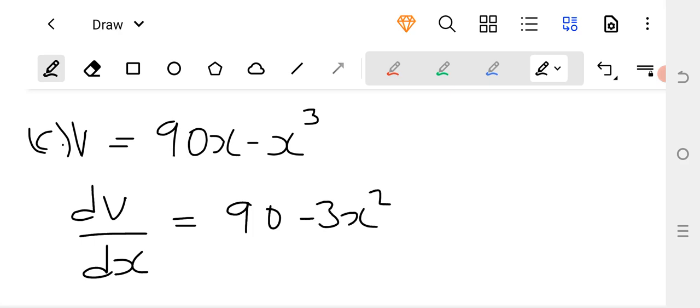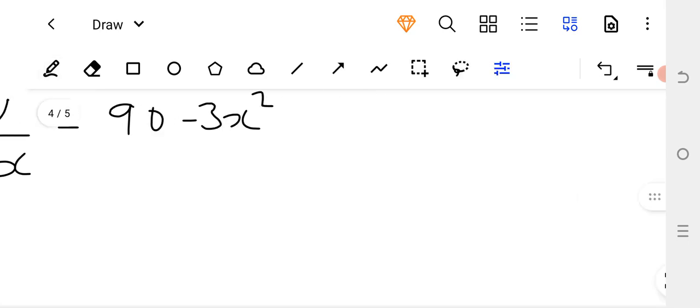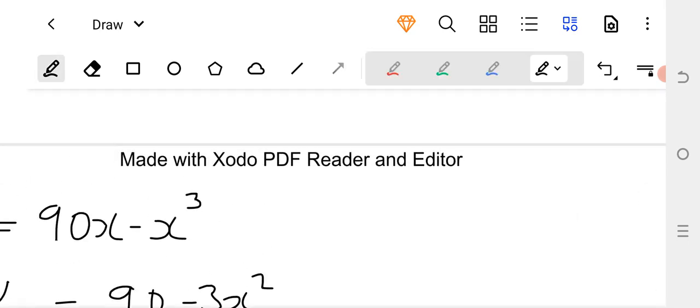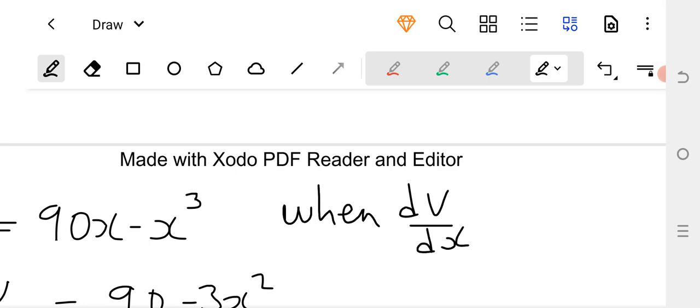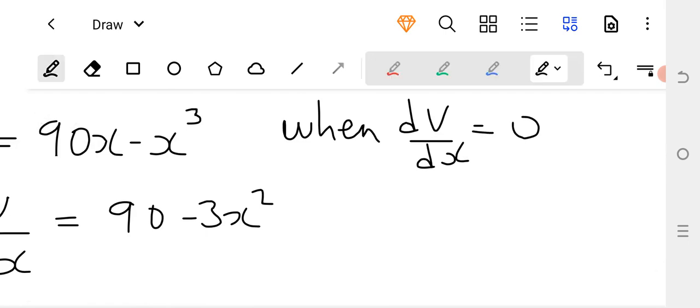So 90 minus 3x squared is your dV/dx. Now, when dV/dx is equal to 0 is what we are considering. So we have 90 minus 3x squared is equal to 0.